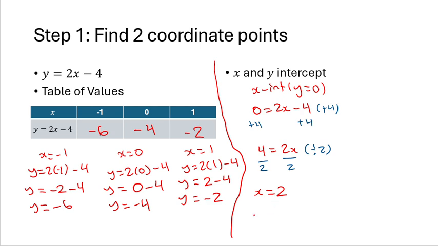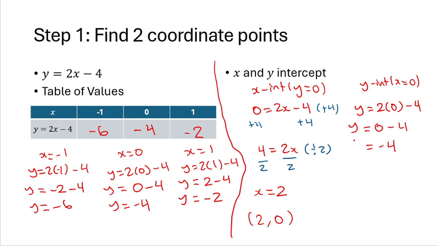Then you write it as a coordinate point, if you remember. To find the y-intercept, x equals 0. y equals 2 bracket 0 minus 4. That equals 0 minus 4, which equals negative 4. And then you write this as a coordinate point.